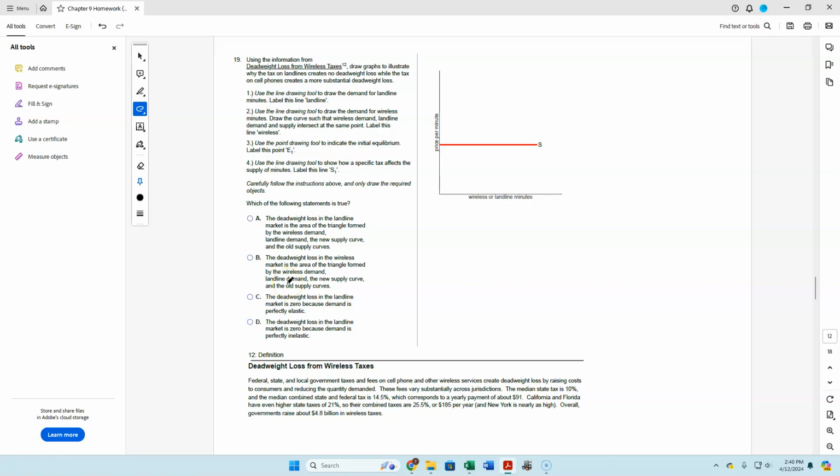What we see here is that because the demand is inelastic, and we're told that essentially down here, because we have an inelastic demand curve, what we're going to see is that there would be no deadweight loss because there would be no height to that triangle.